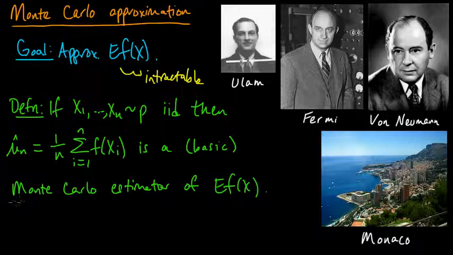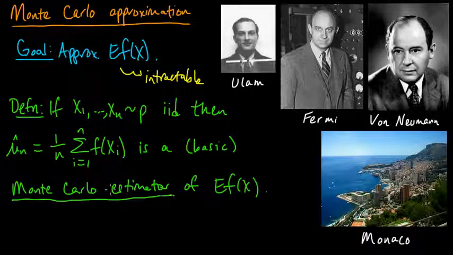I say a basic Monte Carlo estimator because there are all sorts of variations and other methods for doing similar things. But this is the most basic standard form of a Monte Carlo estimator. Let me put that in a box.